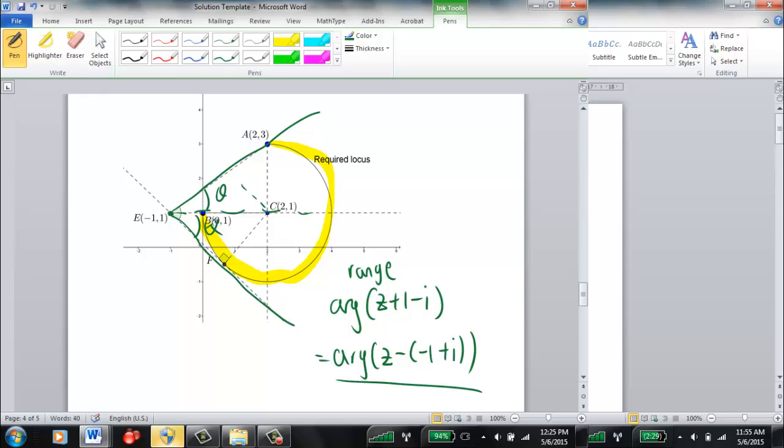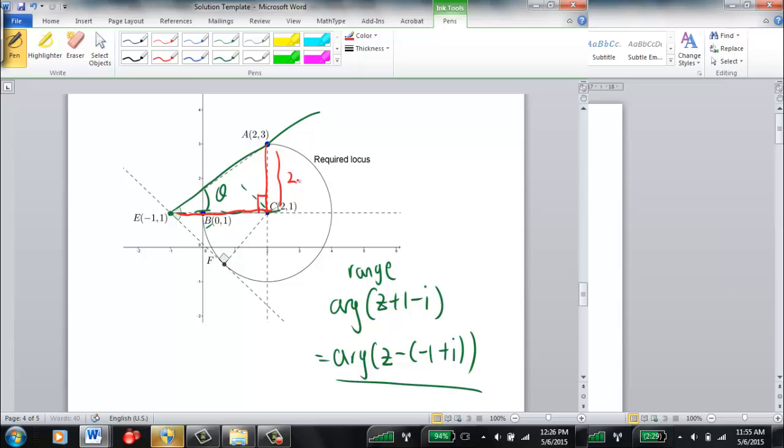Okay. Now let's focus on theta first. We'll deal with theta first, then we'll deal with alpha. So let me take this off. How do you deal with theta? You see this is a triangle, right? A right angle triangle. The distance is 2 units here.